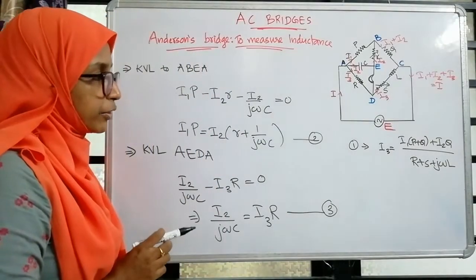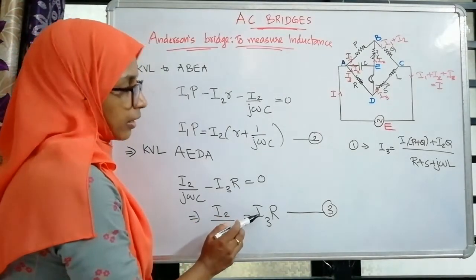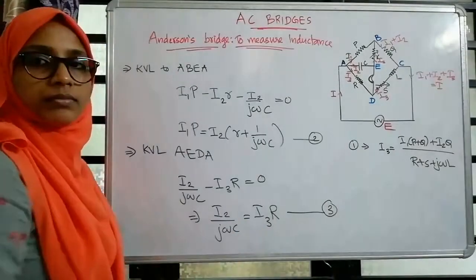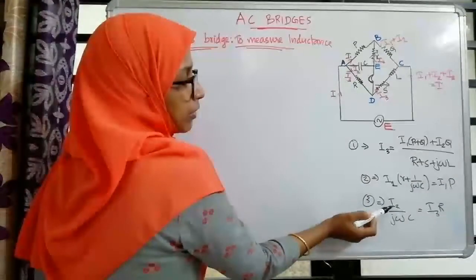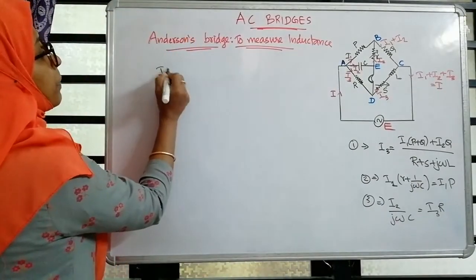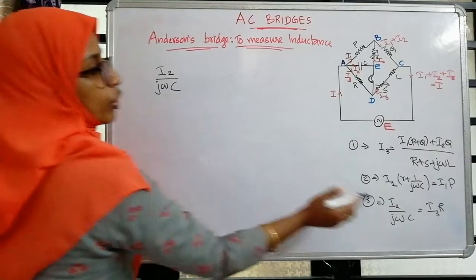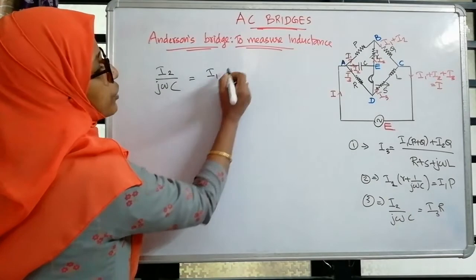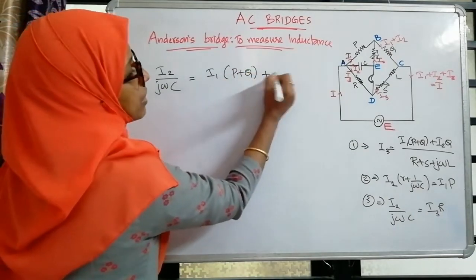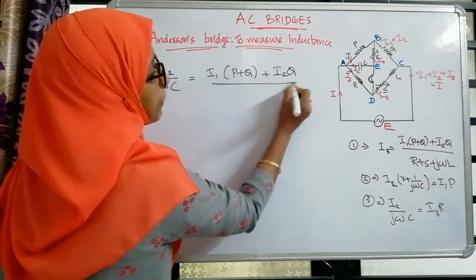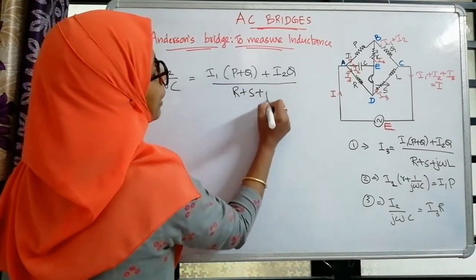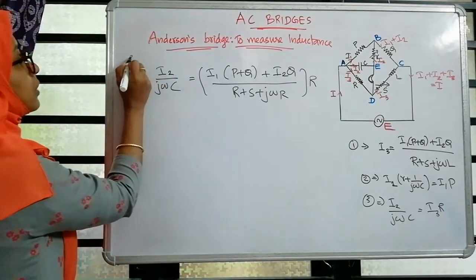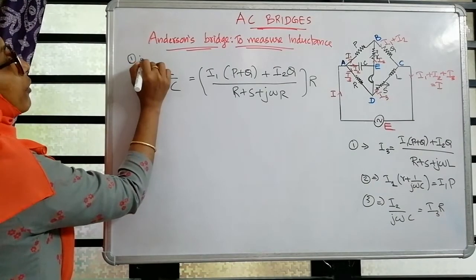Now I am going to substitute this I3 from equation 1 in equation 3. So I am repeating from equation 3: I2 by j omega C is equal to I3R. From equation 1, I3 will be equal to [I1 into (P plus Q) plus I2 Q] divided by (R plus S plus j omega L), into R. We have substituted equation 1 in 3.